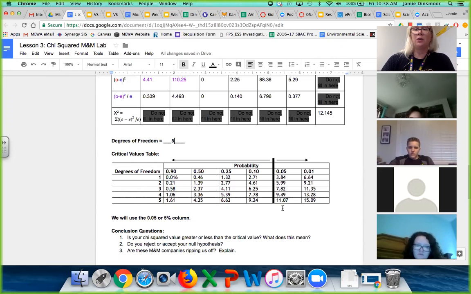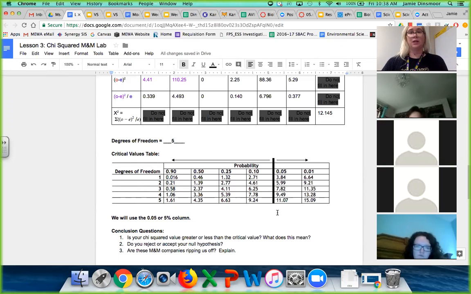So because our value is higher than what we should get, that actually means that my bag of M&Ms is statistically different from what it should be. In other words, there's enough of a difference here that mathematically it is considered statistically significant. So what if yours is lower?